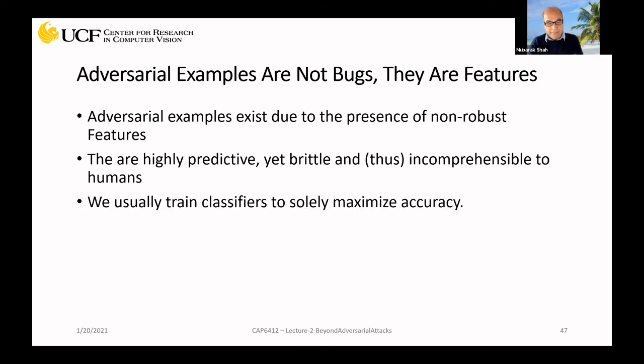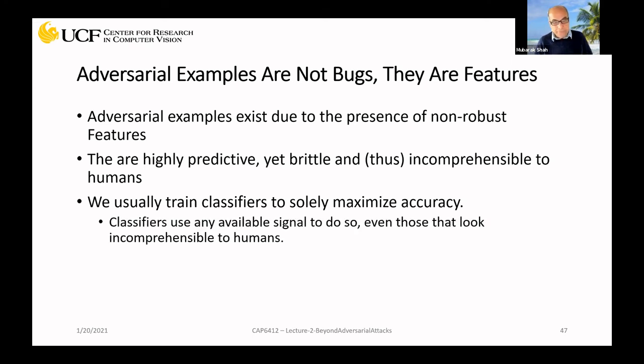So the main point here is that we usually train classifiers solely to maximize accuracy. We just want a classifier which gives you maximum accuracy. And so what the classifier is doing is using any available signal to maximize accuracy, even those that look incomprehensible to humans, because the machine doesn't care. It says, well, as far as accuracy is maximized, I'm going to use it.